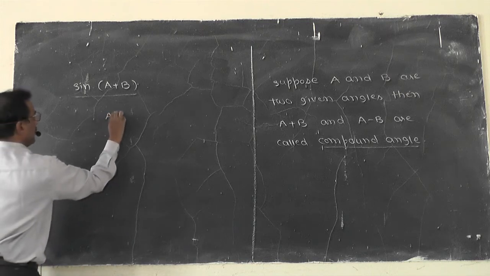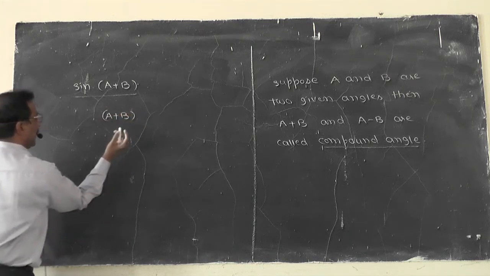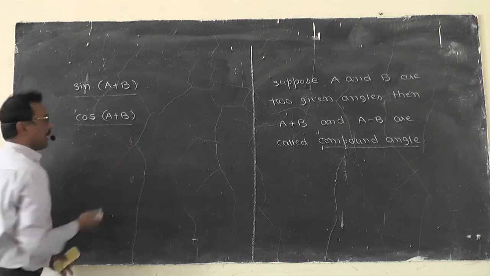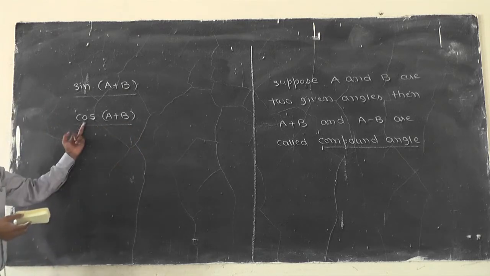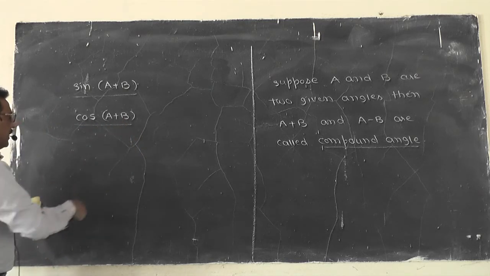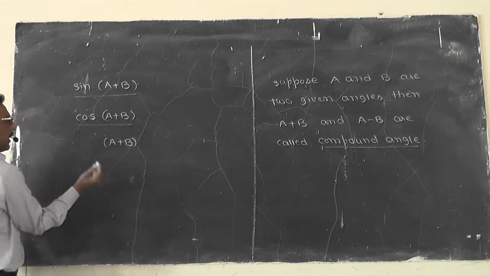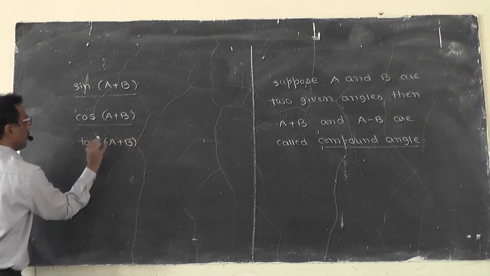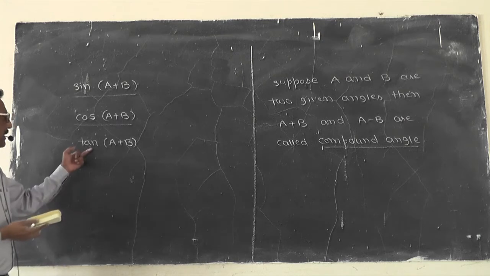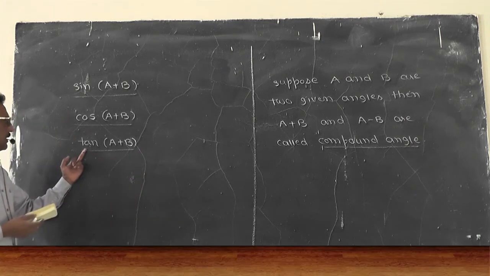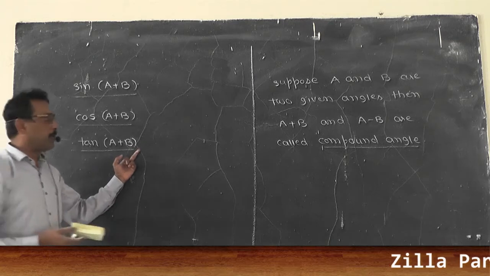Suppose A plus B is a compound angle, but if I operate cos, then it is cos of A plus B. It is also a trigonometric function of a compound angle. Here once again, A plus B is a compound angle. If I operate a new function, the tangent function, then it is tan of A plus B, and this is also a trigonometric function of a compound angle.